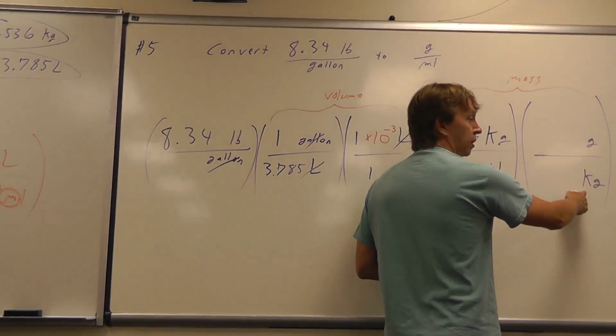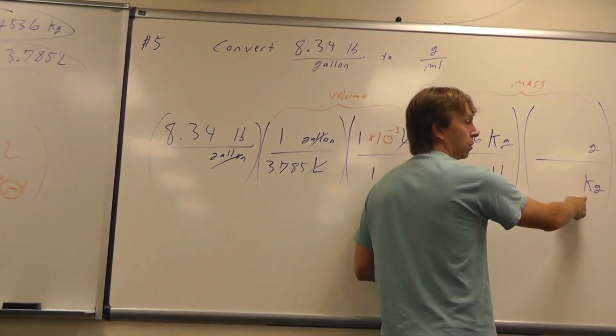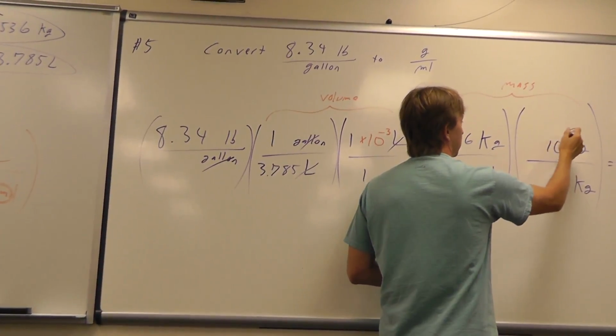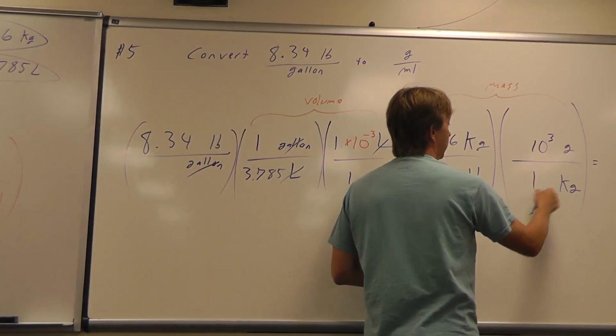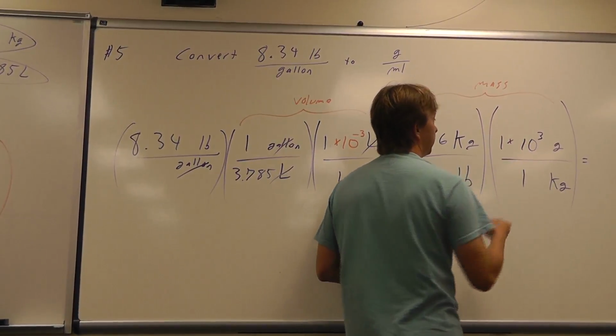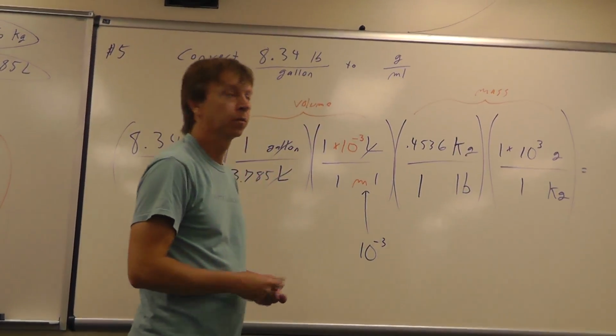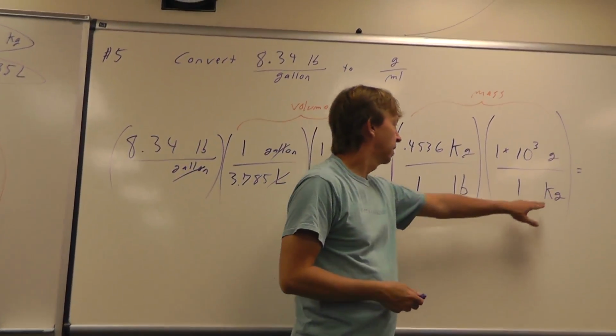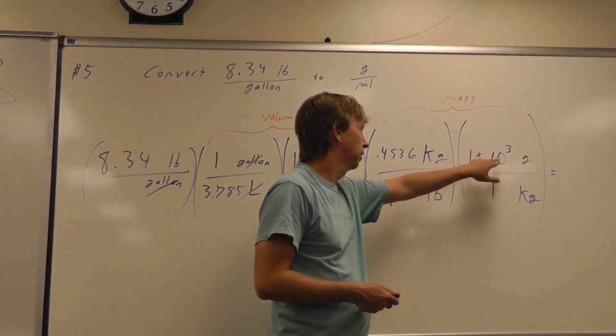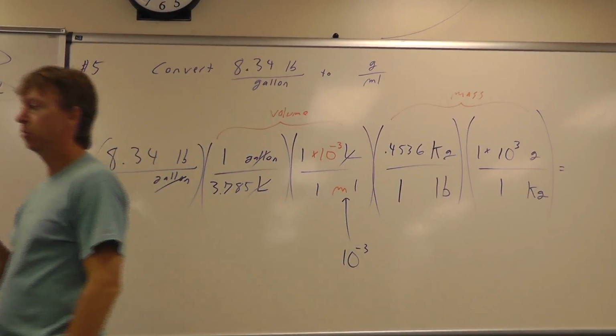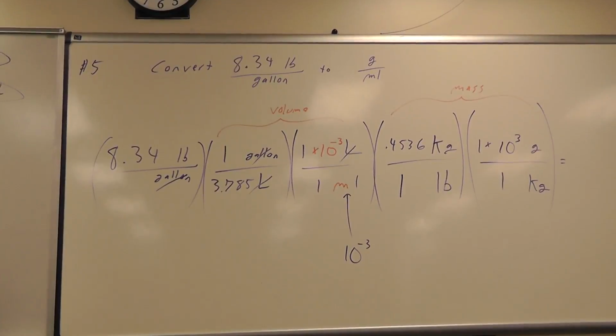And what does kilo mean numerically? 10 to the third. So 1 kilogram is 1 times 10 to the third grams. Again, just like in this other step, keeping the symbol 10 to the third and the number 10 to the third deliberately away from each other.